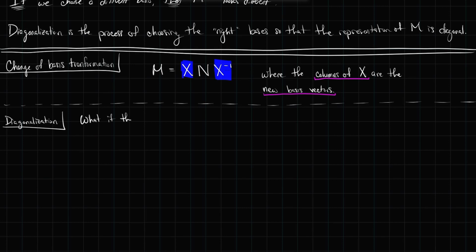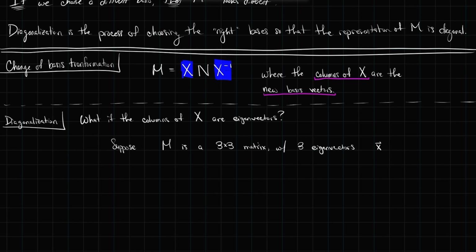What if the columns of capital X are eigenvectors? That is to say, suppose M is a 3 by 3 matrix with 3 eigenvectors, x vector 1 associated to lambda 1, x vector 2 associated to lambda 2, and x vector 3 associated to lambda 3.